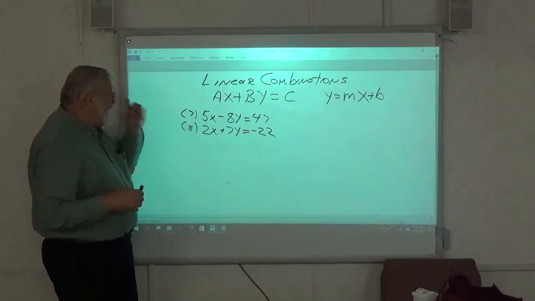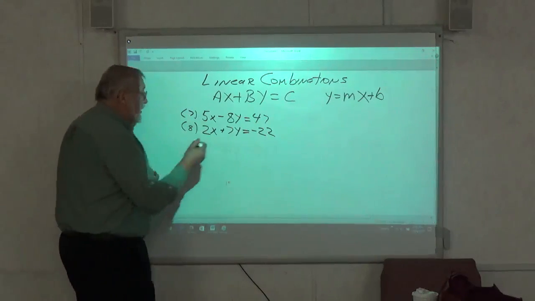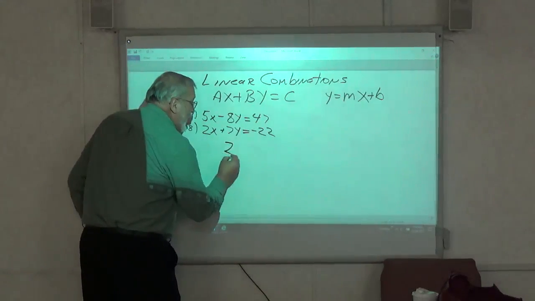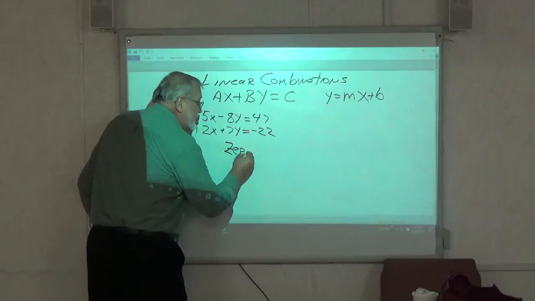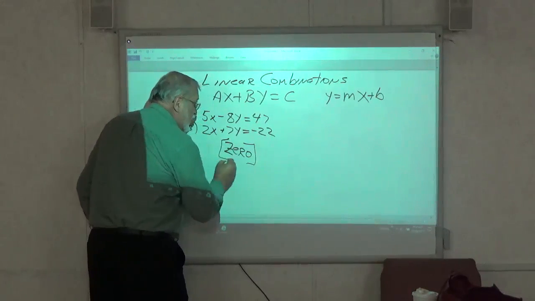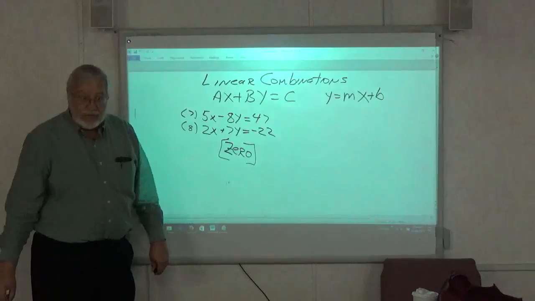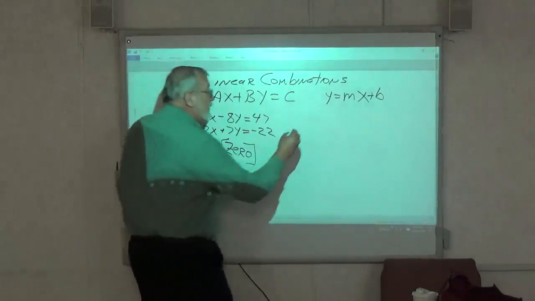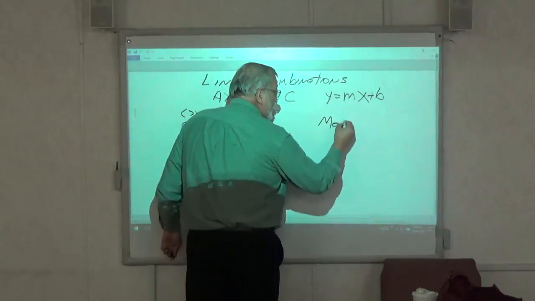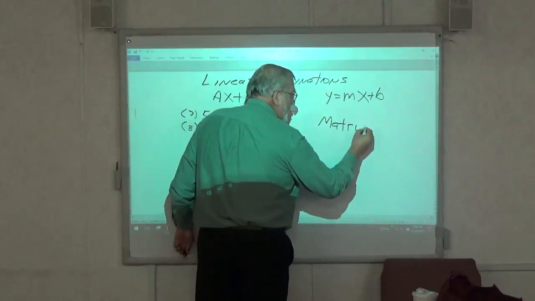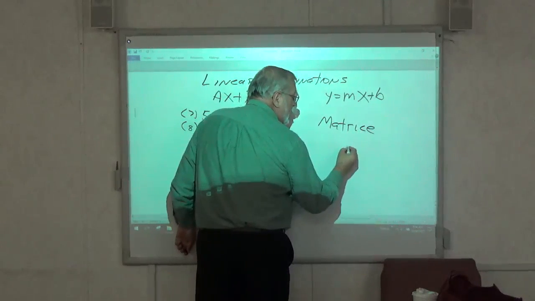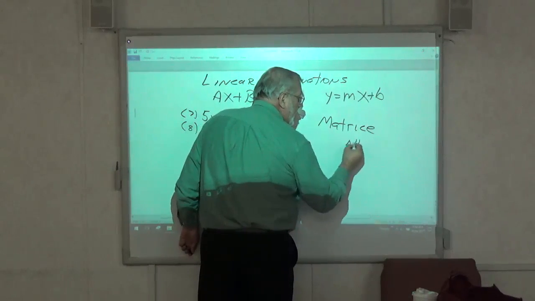So if you're asked to do a linear combination, you're trying to find a 0 for one of the variables. If you're doing a matrix, you're finding a 1.